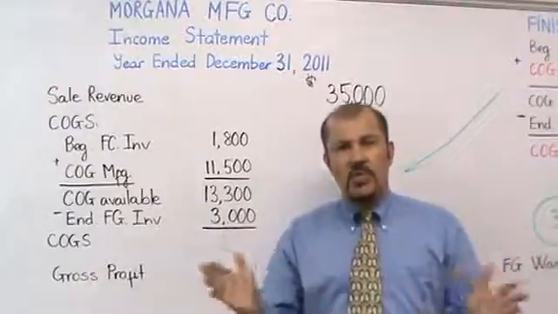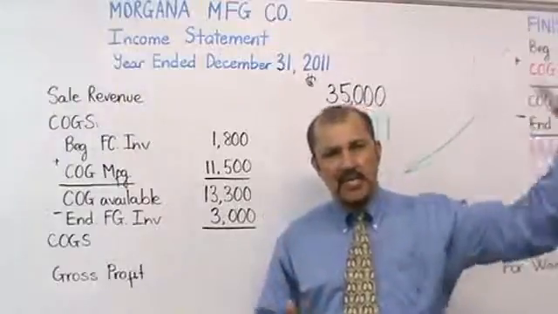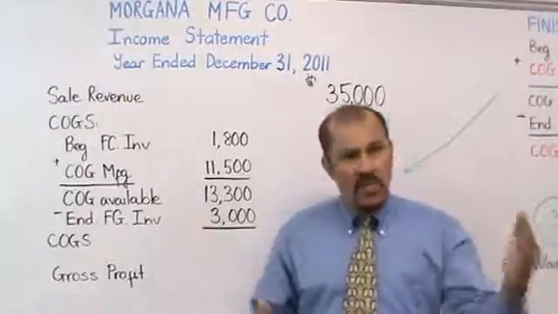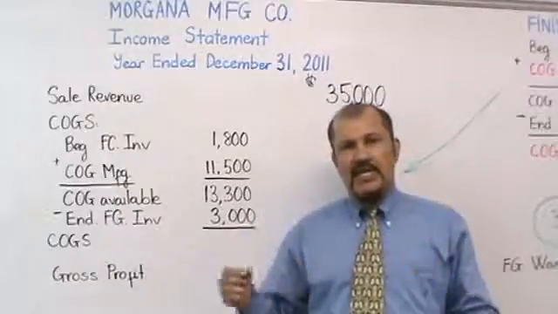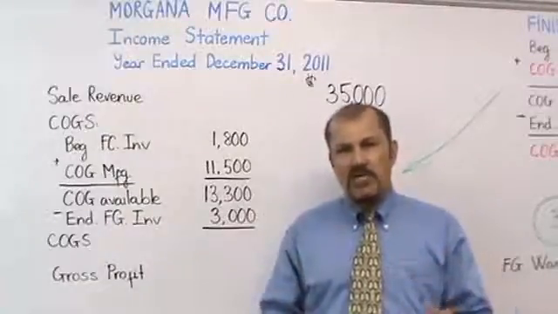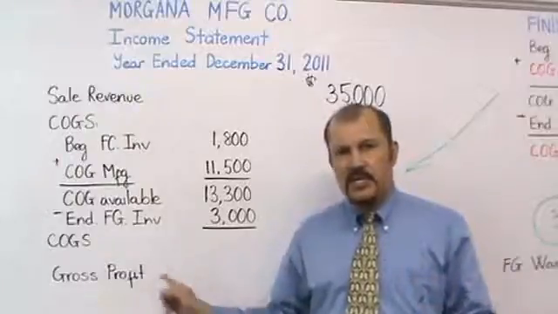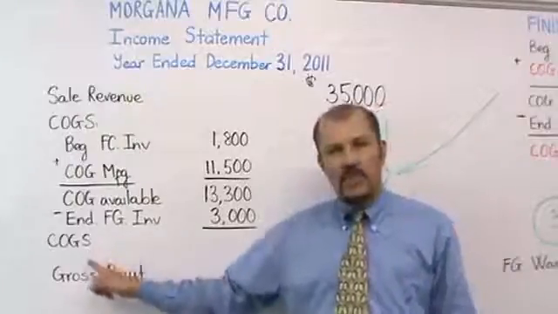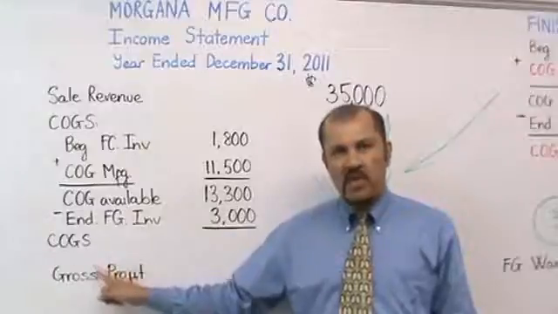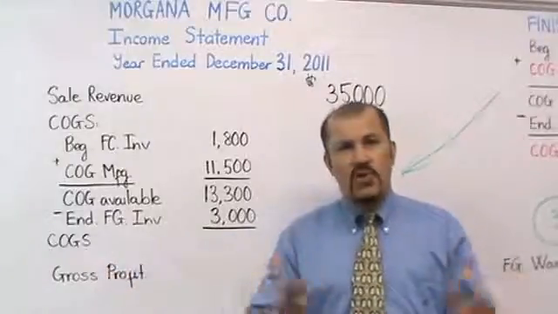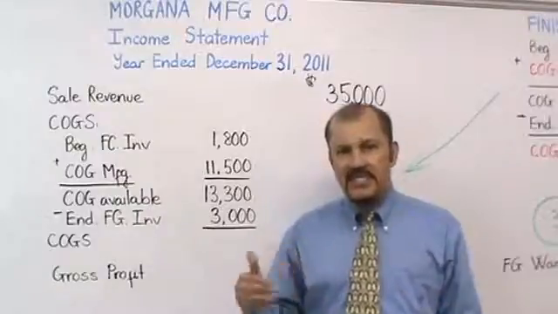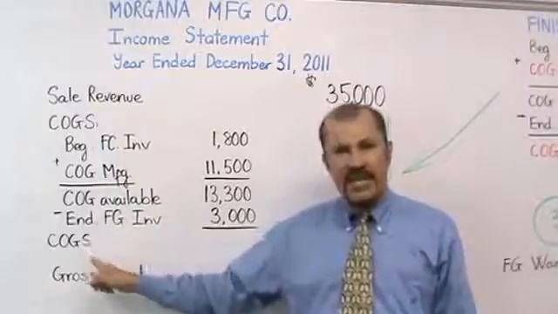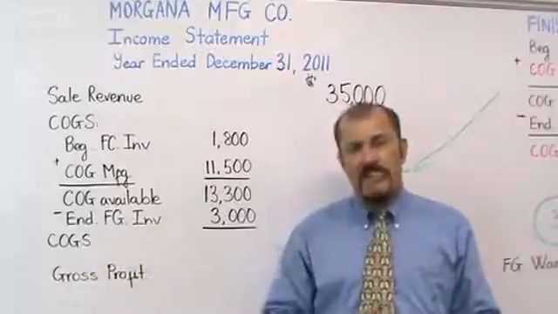So if there was a 2 or 3 month delay from the time you purchased your wood till the time you sold your table, then remember this again, that direct material cost did not get expensed until it was sold. And again, when it's sold, it's reflected in your cost of goods sold account. And this is true of all of your product costs. They only get expensed at the time of sale, and that expense account is your cost of goods sold account.